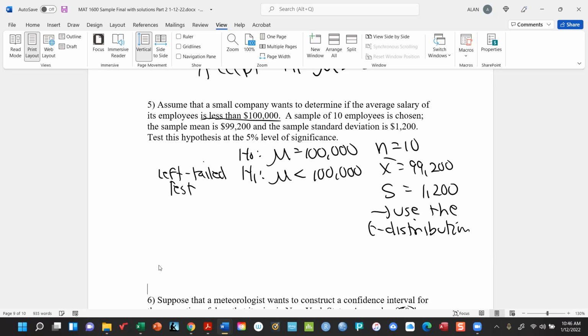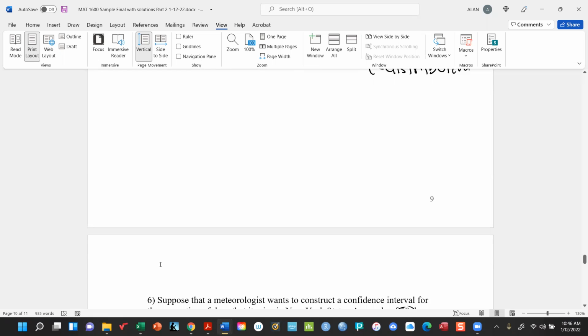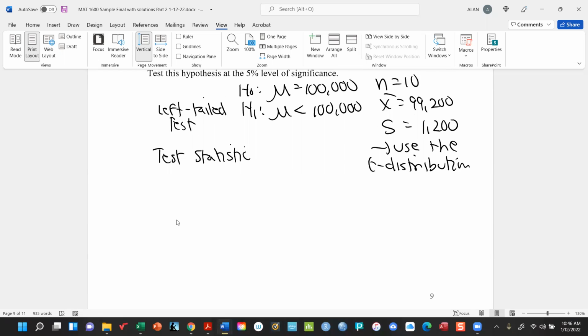All right, now because we're using the t-distribution, the test statistic is once again equal to this form. Now remember that this form never changes. If it was Z, we would just use sigma instead of S, but it's the same logic.